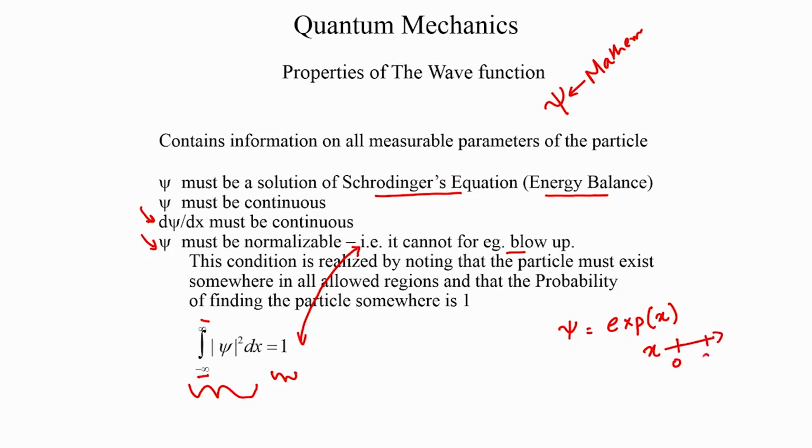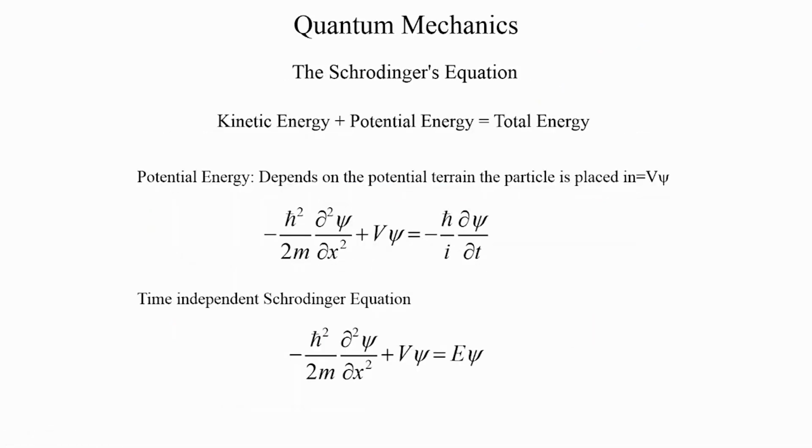We are looking at this region of space. We see that as x heads towards infinity, the amplitude of the wave function also heads towards infinity. This cannot be allowed to happen. So the only possible solutions of the wave function must be limited by this criterion, by this integral.